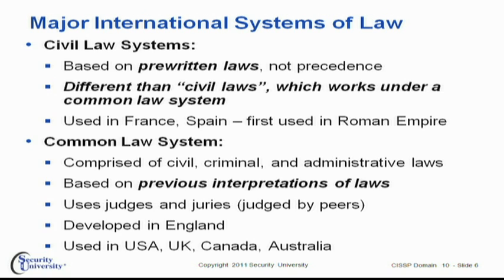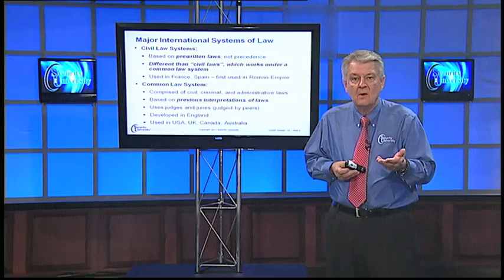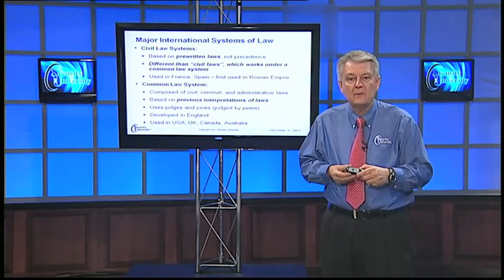And the common law system is comprised of civil, criminal, and administrative laws. And this is often based on previous interpretation of laws or of incidents that establish precedent, as compared to the civil law system where everything is totally driven by pre-written laws.